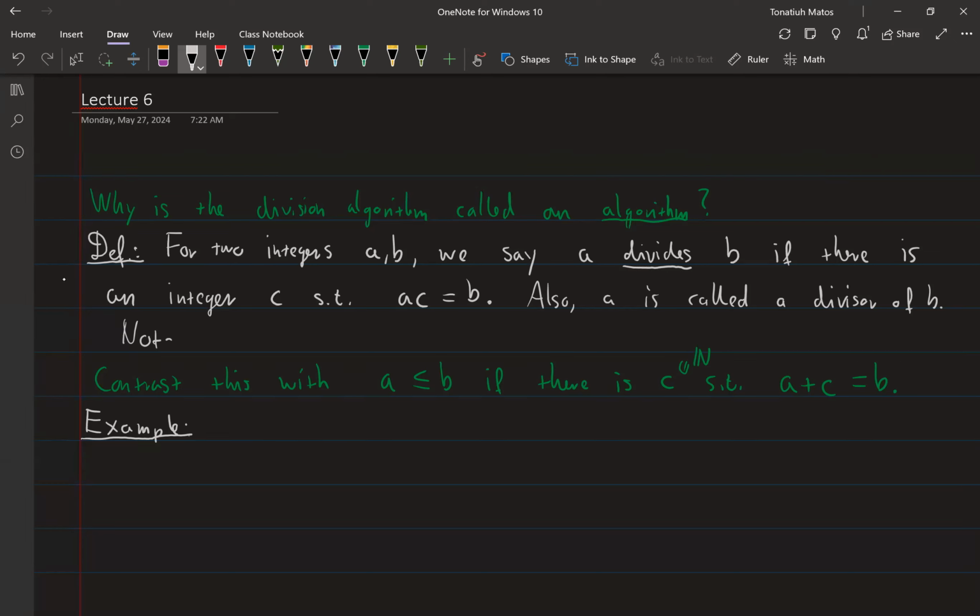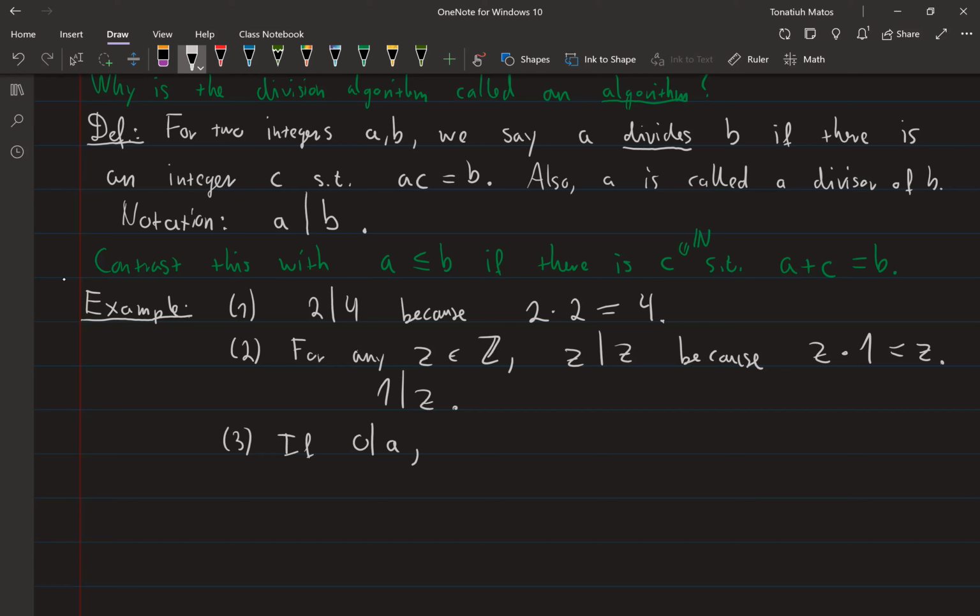Let's write down some more properties. If 0 divides a number a, there's no part of the definition that excludes 0 from being taken into consideration. So 0 being written on any side of the relation is a valid question. So what do you think happens if the integer 0 divides some integer?